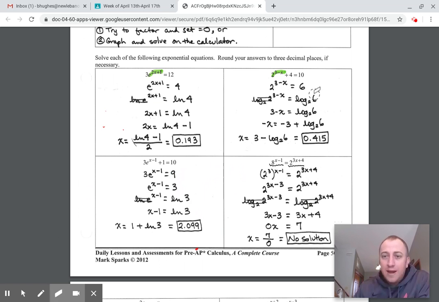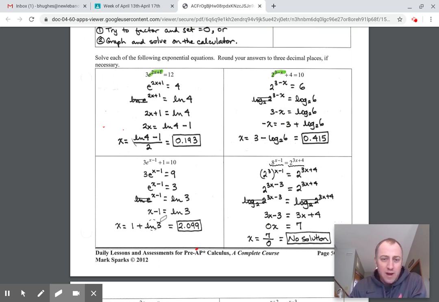Over here on the right-hand side, log base 2 of 6 is not going to come out as one of those really nice numbers, because 2 to a power would not give you exactly 6. It's going to be 2 point something. So that's why they're leaving it as log base 2 of 6, and then you subtract 3 from both sides, and then divide everything by -1. That's why -3 becomes +3, and instead of plus log base 2 of 6, we have minus log base 2 of 6.